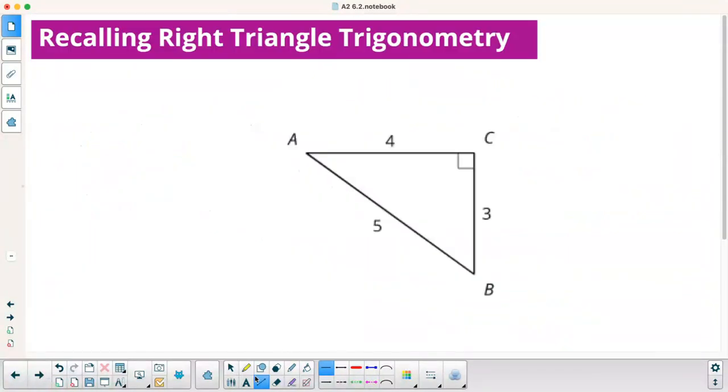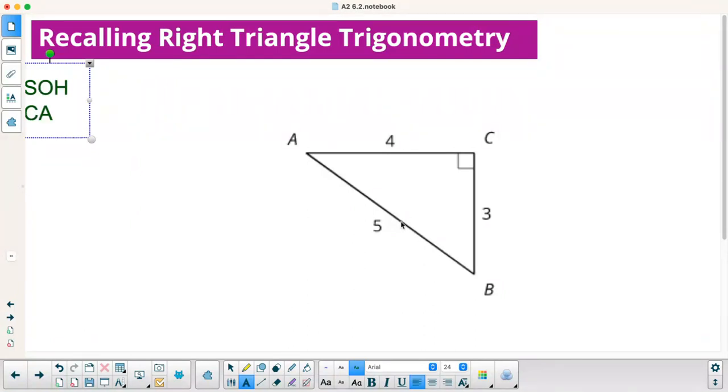All right, so a little bit of recall of right triangle trigonometry. You might remember this acronym called SOHCAHTOA.